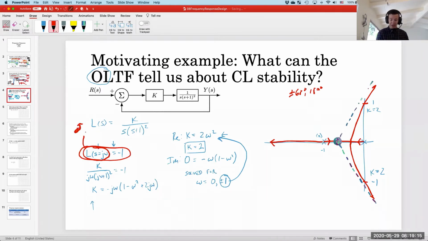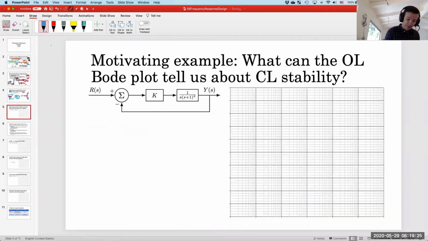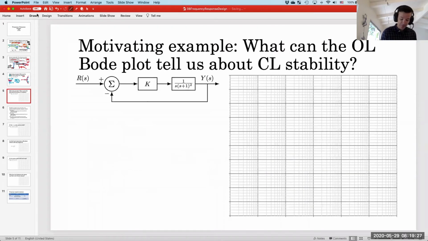It's evaluating a Laplace transform at j omega. So this is equivalent to the Fourier transform equaling -1. So how can we act on that? We are looking for when L of omega equals -1.